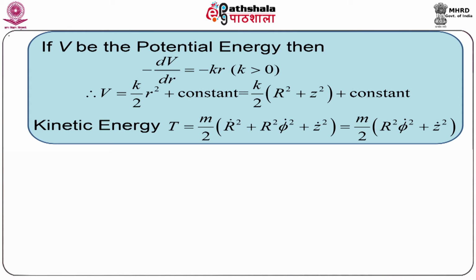If we put the value of small r in terms of capital R and Z already obtained, then we have capital V equal to k divided by 2 into capital R square plus capital Z square plus constant.